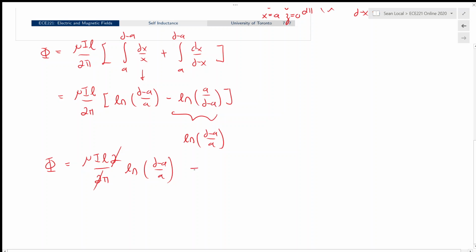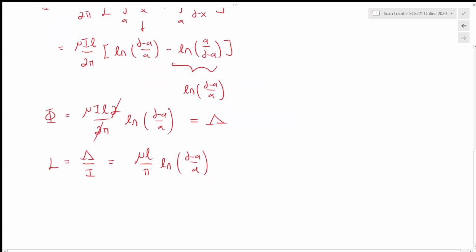So this is actually equal to the flux linkage lambda. So we are in a position to evaluate the inductance. Inductance is defined as flux linkage divided by I. So that's going to be mu L over pi times natural log of d minus a over a. So this is our final result.